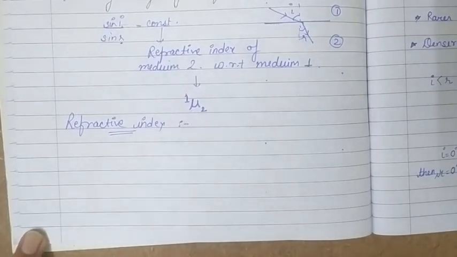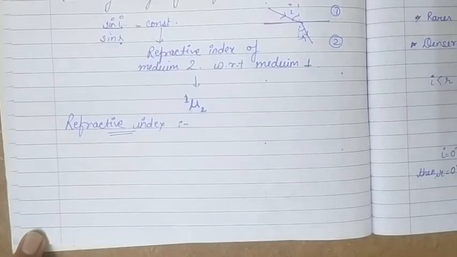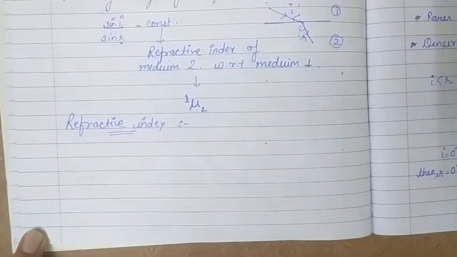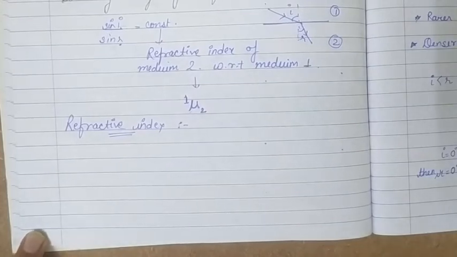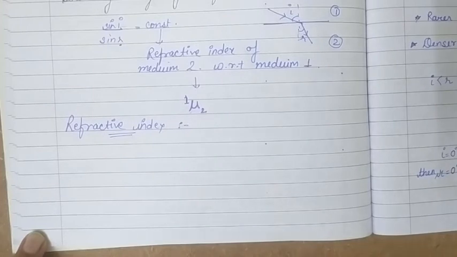The speed of light that we study, 3 into 10 to the power 8 meter per second, is not constant, it is for vacuum, right? So when it moves from vacuum to another medium, or one medium to another medium, its speed changes, then the ratio of speeds is called refractive index.